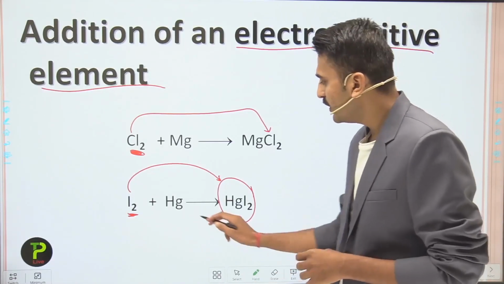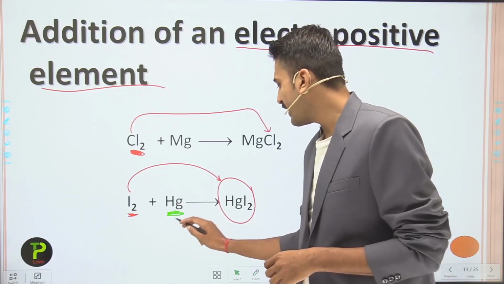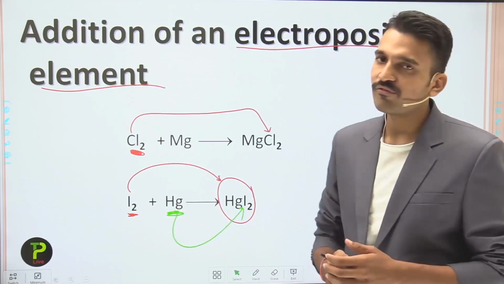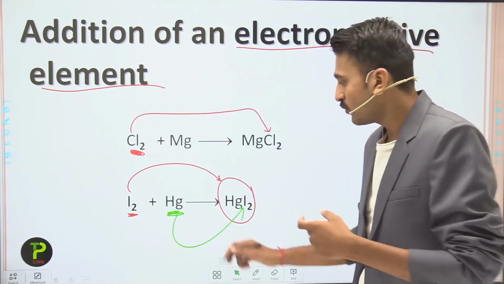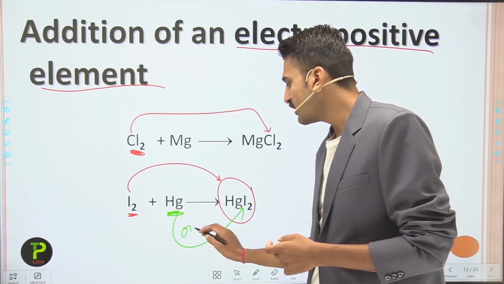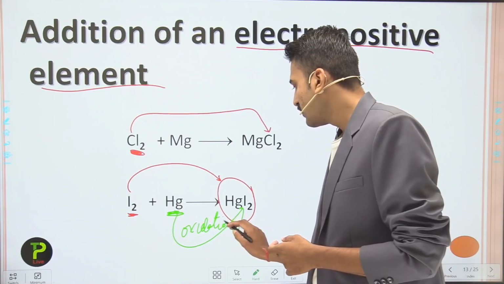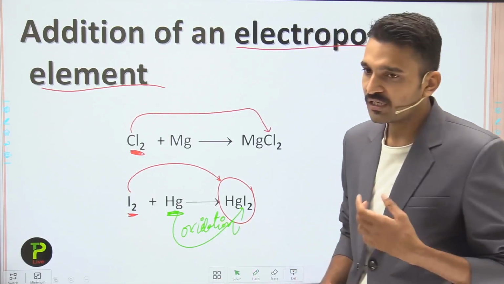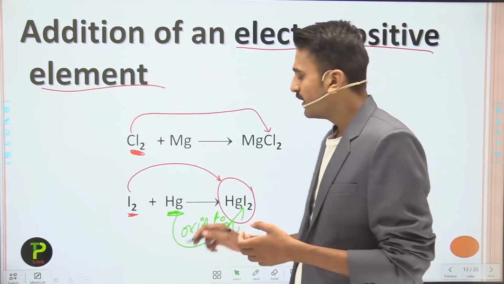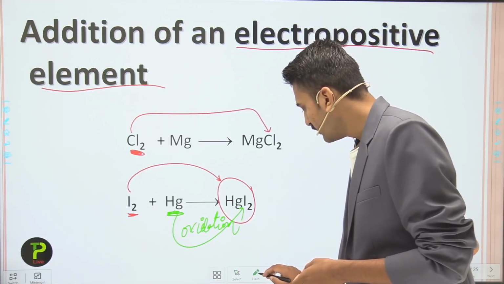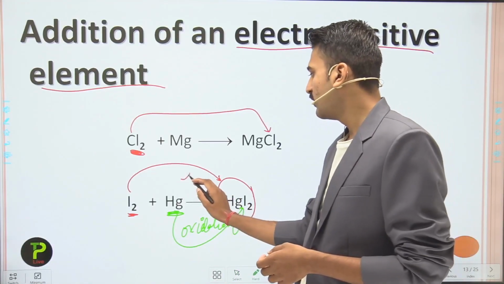Here you see the mercury. To the mercury, what is happening? There is the addition of electronegative element. So for mercury, oxidation occurs, and for iodine, there is reduction.